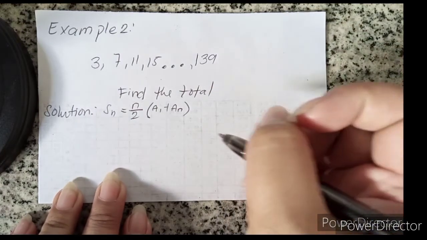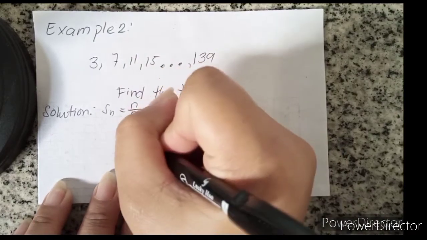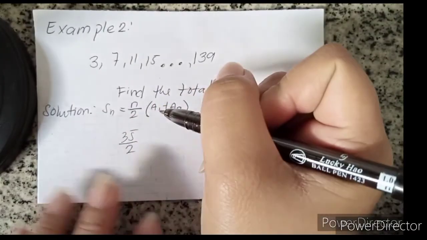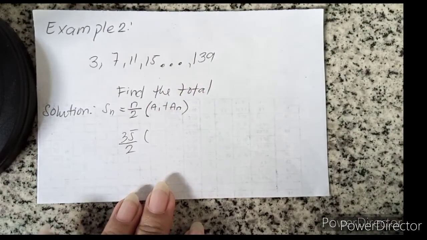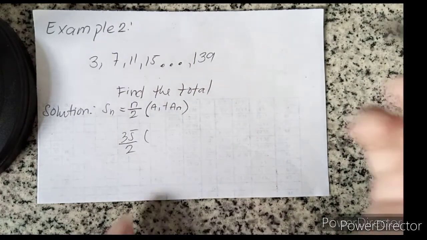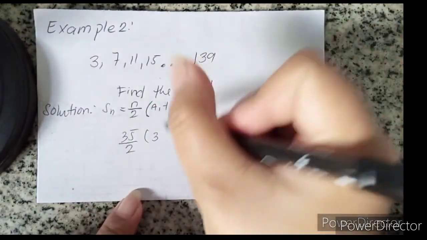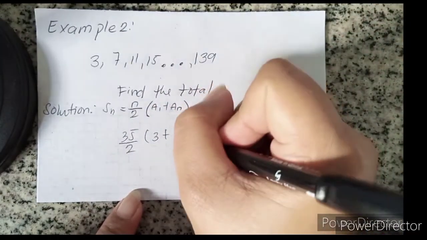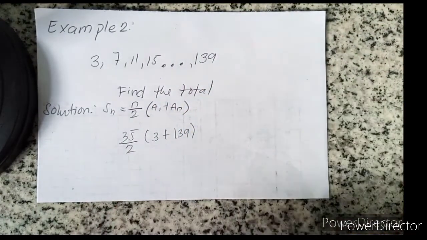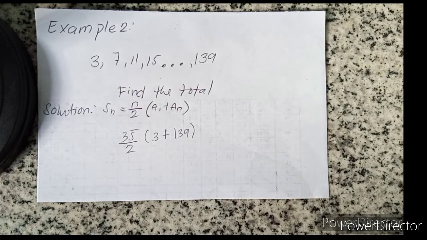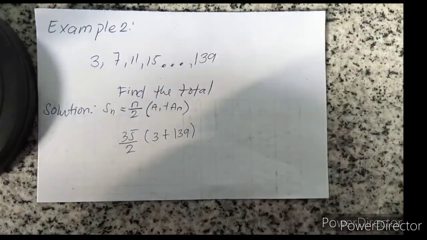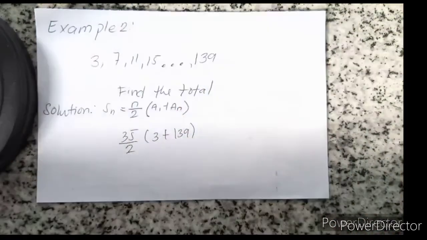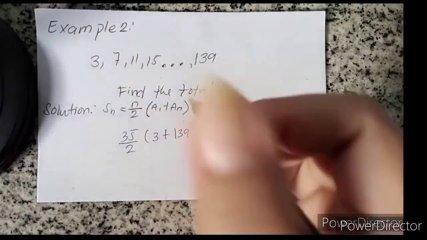Substitute. We have n, which is 35 over 2, times the value of a sub 1, which is 3, plus the last term, which is 139. Then simplify. 35 divided by 2 is equal to 17.5.